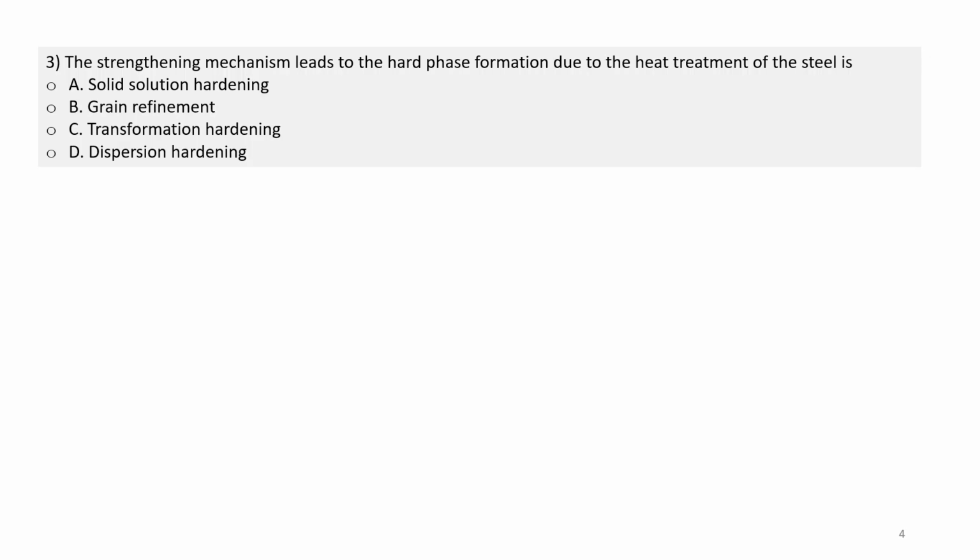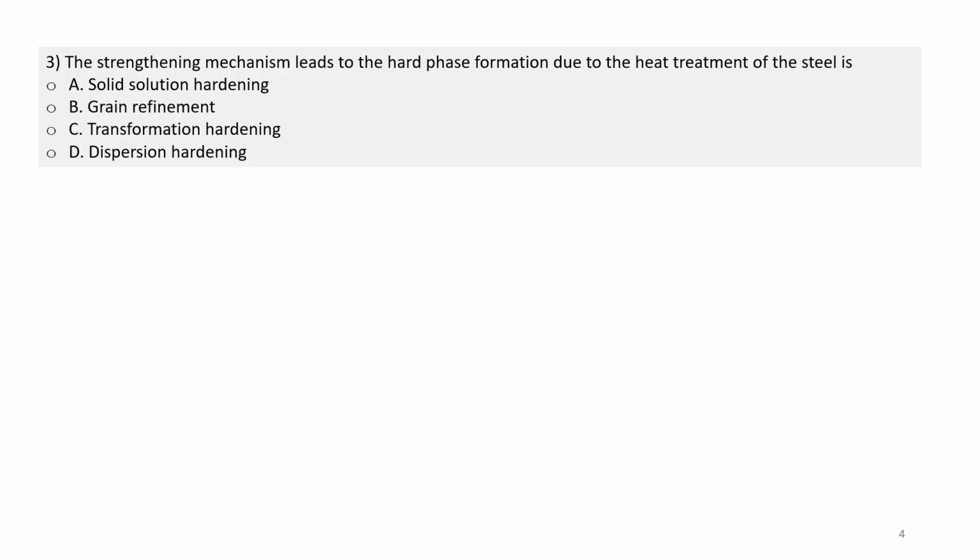So in case of solid solution strengthening, you will be adding some alloying element which can go either in interstitial or at substitution sites, and it will provide some strain in the lattice, which will interact with the moving dislocations.